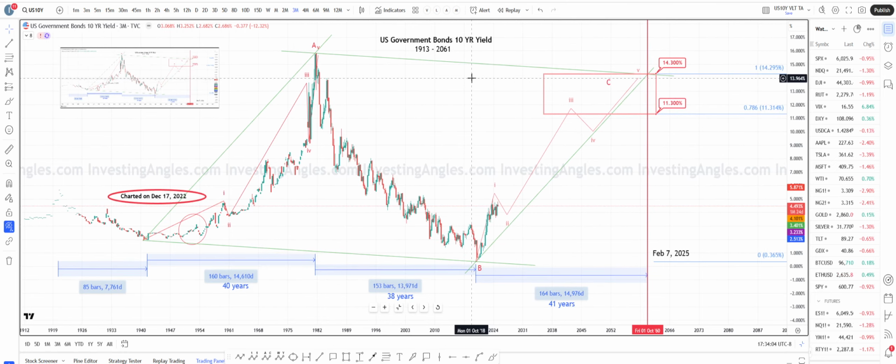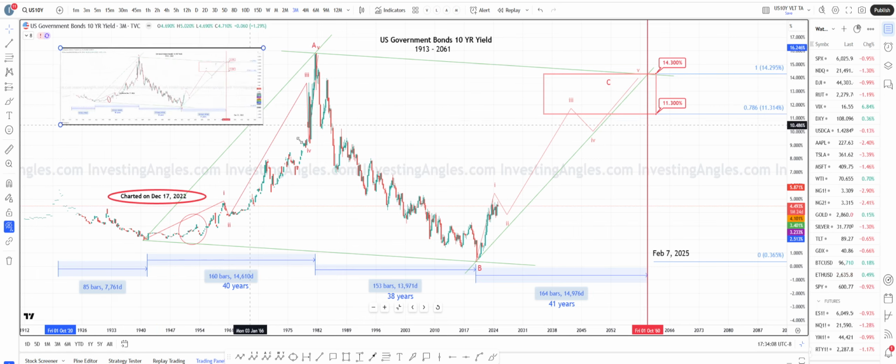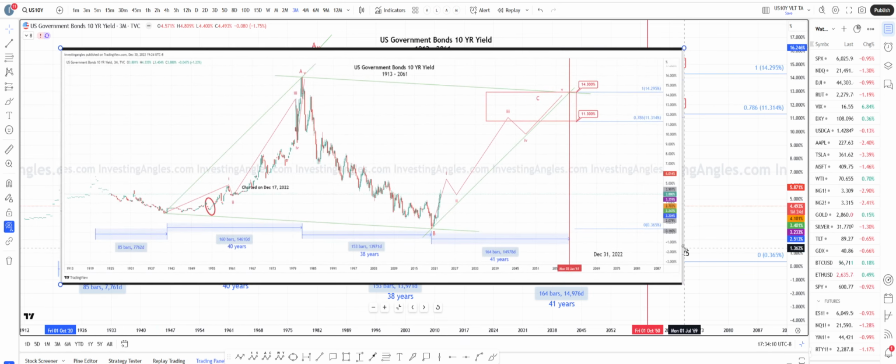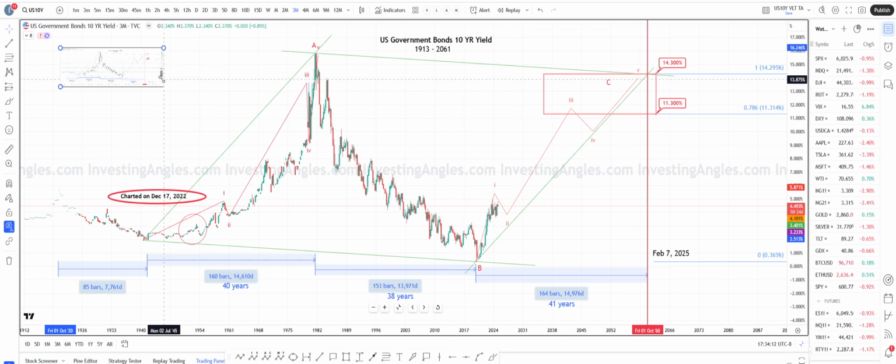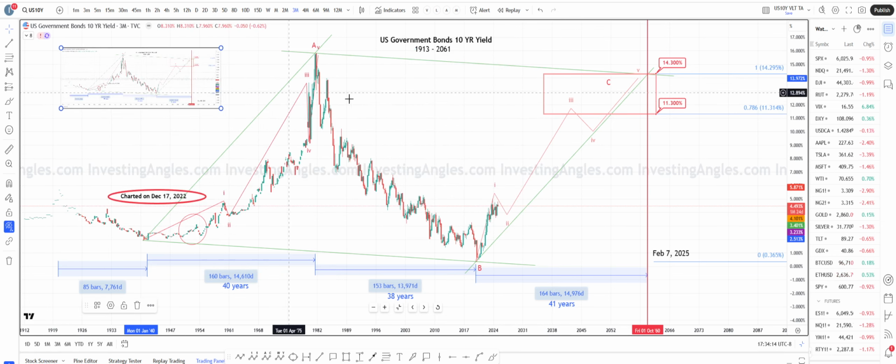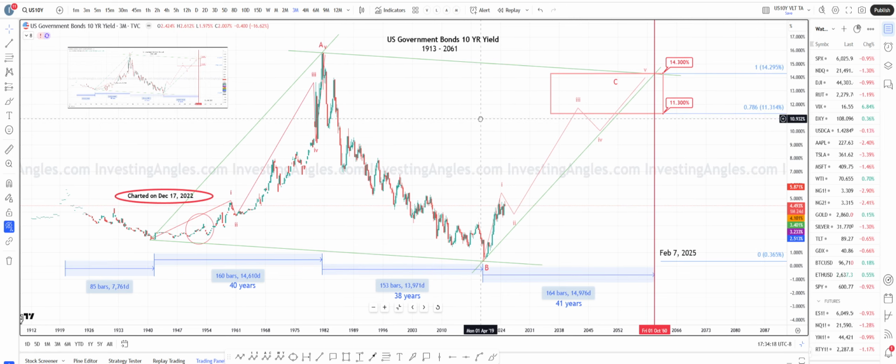Okay, so this is the big long-term chart that we made back in December 2022. Since then, we haven't changed a symbol here, and now everything is intact. What we know is that yield formed a fairly strong impulse upward, and right now it has consolidated for wave 2.